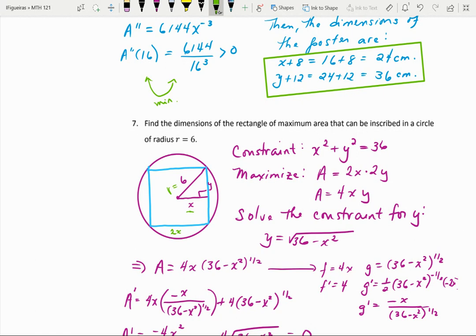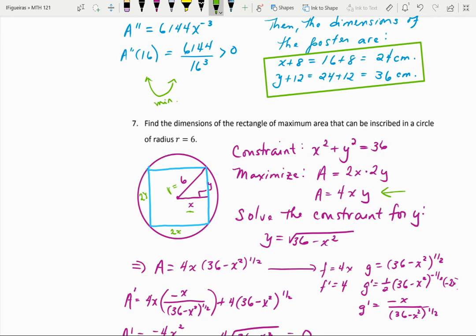And if that little side of the rectangle is y, then the entire side is 2y. So you want to maximize length times width, which in this picture is 2x times 2y, and multiplying that together, the formula that you want to maximize or take the derivative of is A equals 4xy.